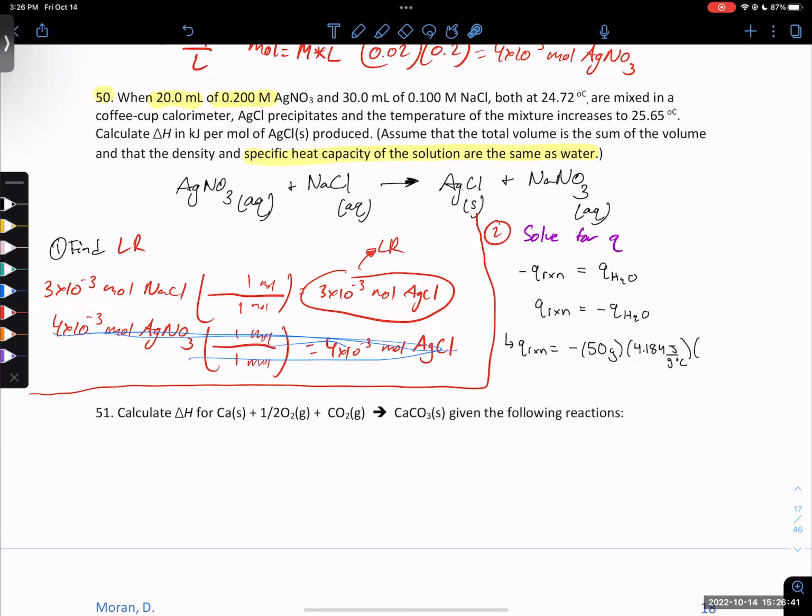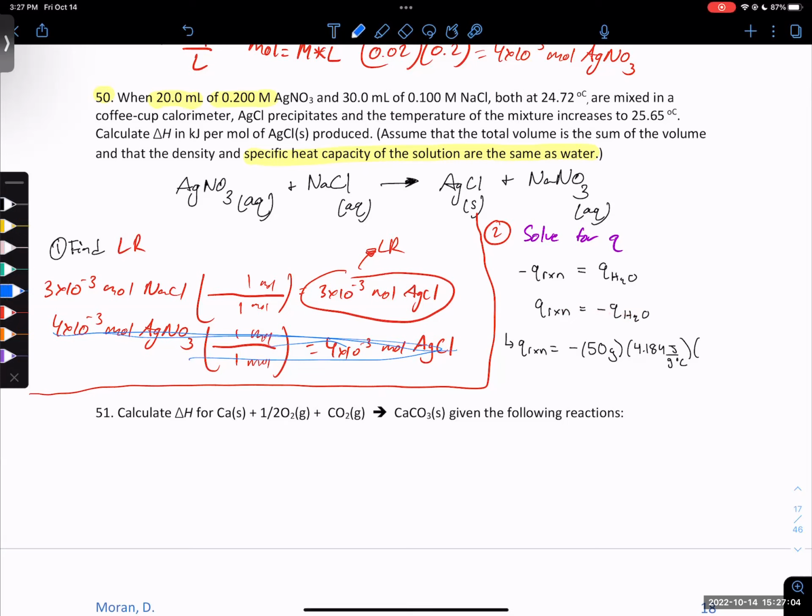So now we need to solve for the heat that was lost by this reaction. And we know that the heat lost by the reaction is the heat gained by the water. That's the conservation of energy. Whatever's lost by one thing has to be gained by another. So now I just swap the negative sign over to this side so I can solve for Q reaction.